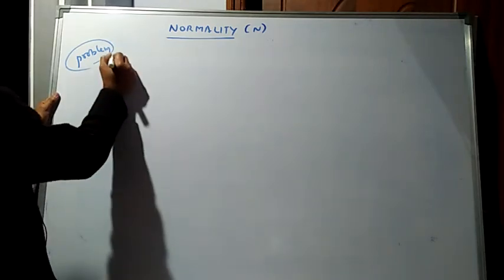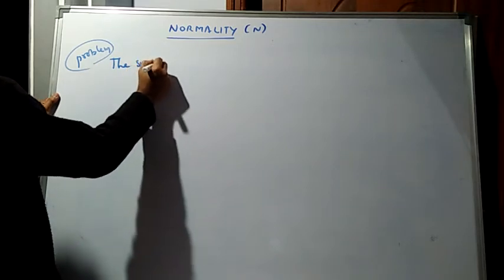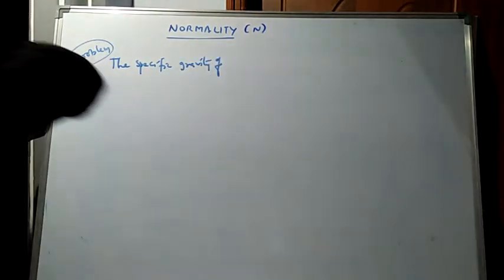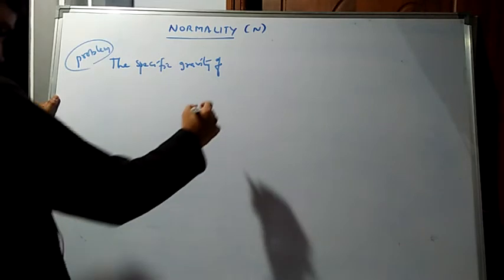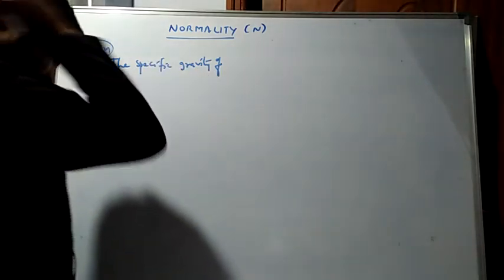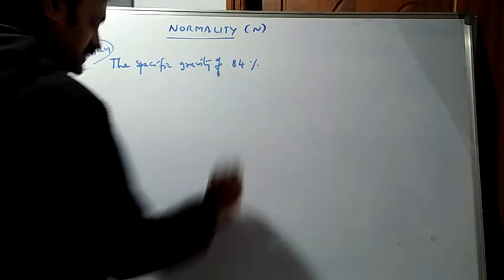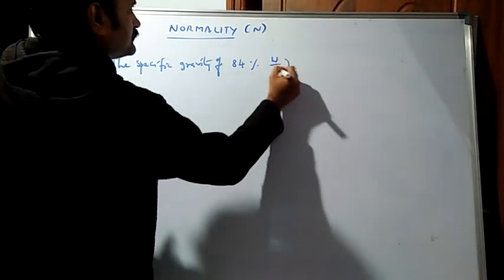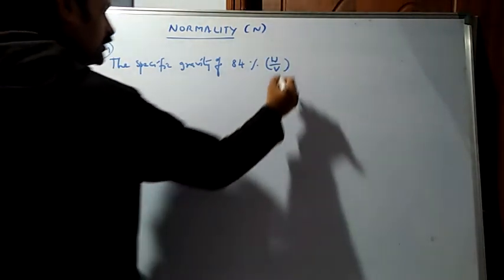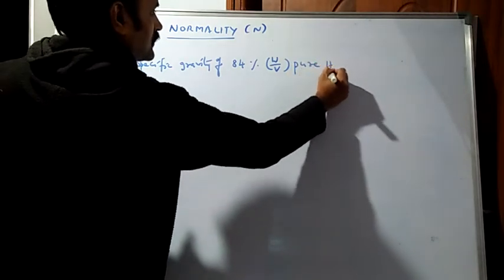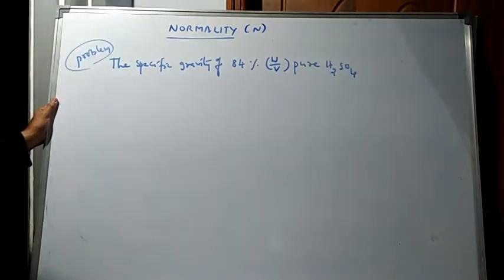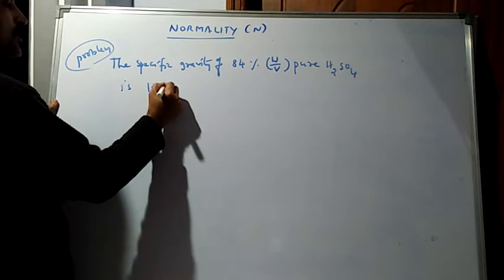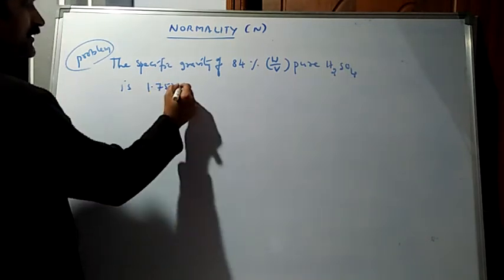The specific gravity of 84% weight by volume pure H2SO4 is 1.752.